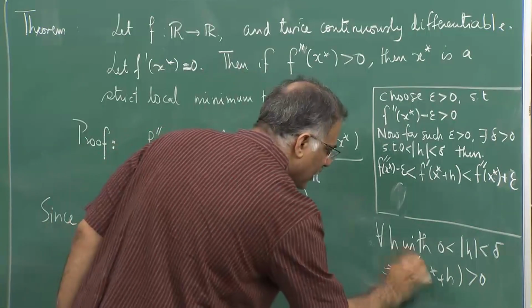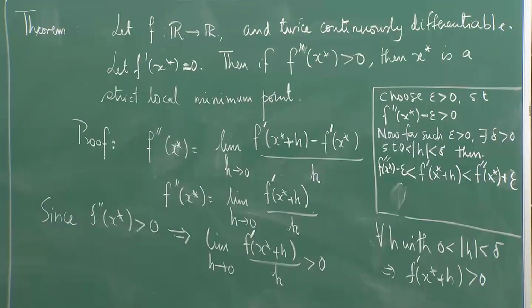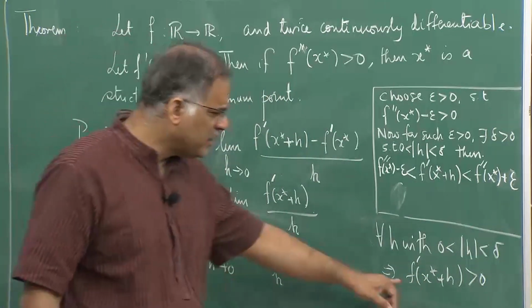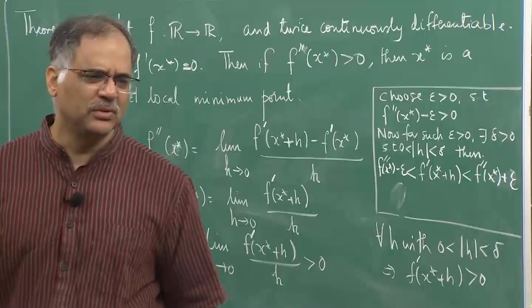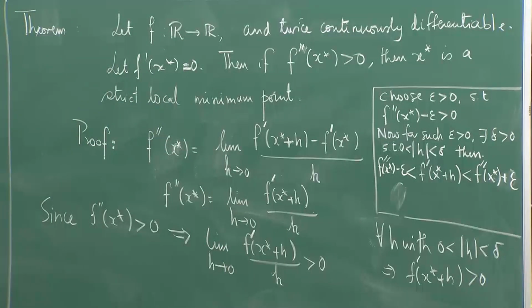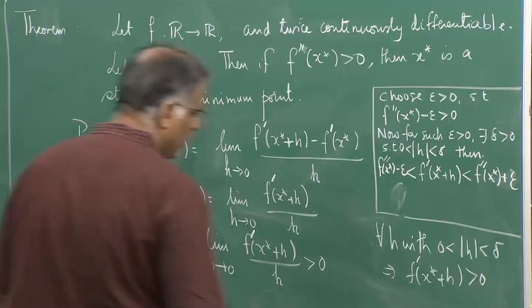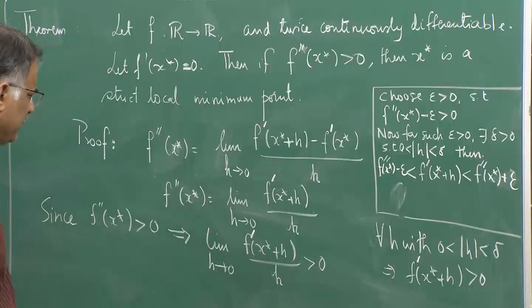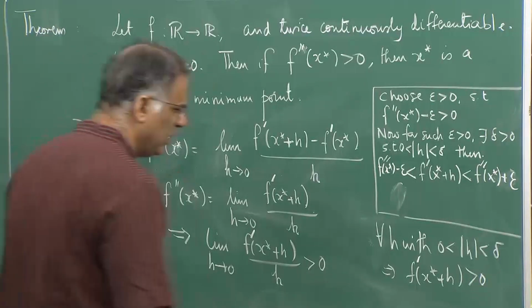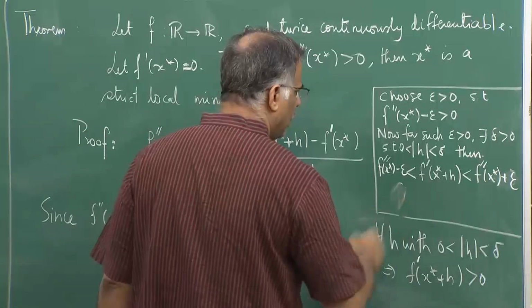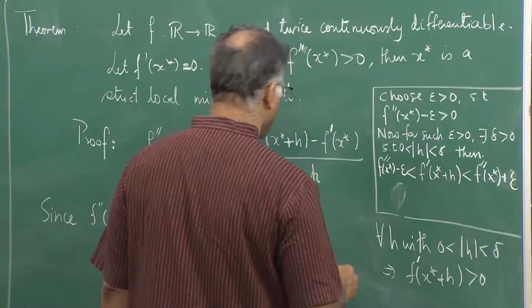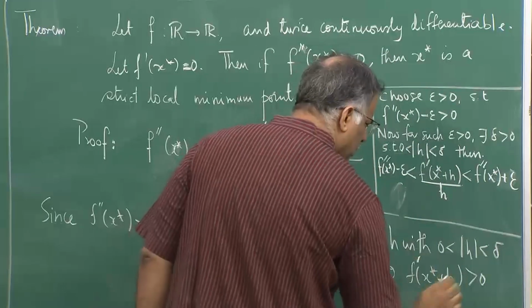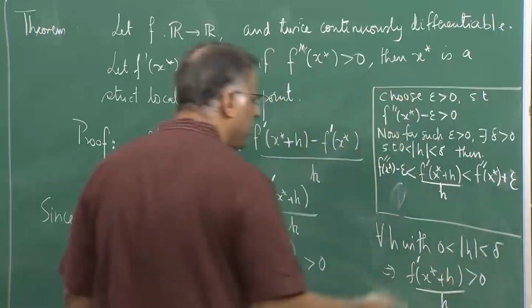So, what does it show? That in this small interval, f dash of x star plus h by h is strictly bigger than 0.